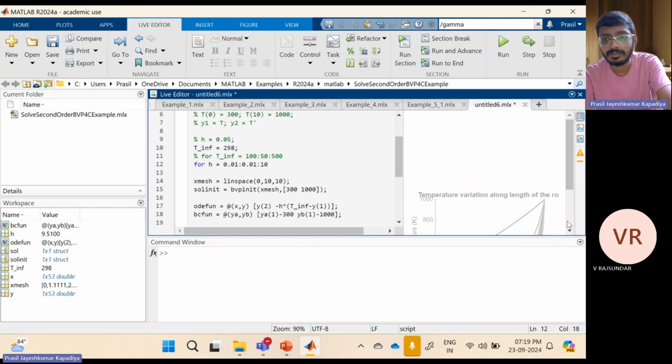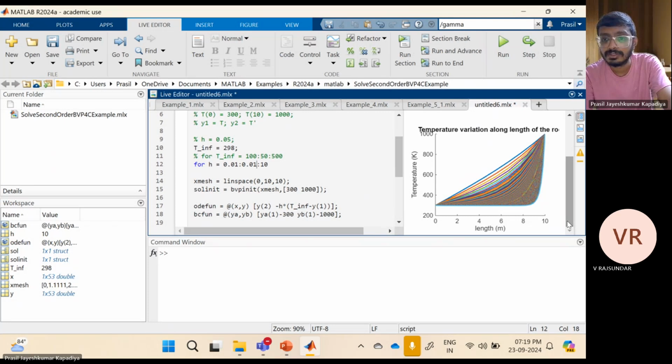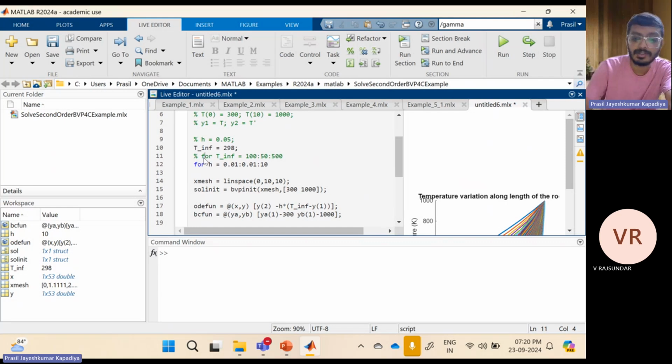Taken so many points. See, here at this point it is exactly a straight line, and these are the various points. So this is how we can see the effect of both the heat transfer coefficient as well as the ambient air temperature. I hope this problem is clear.